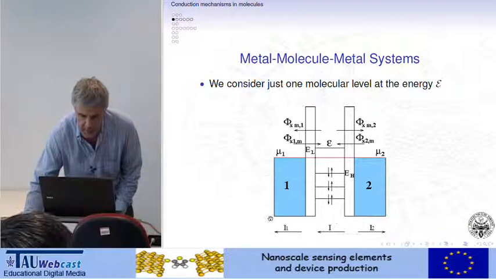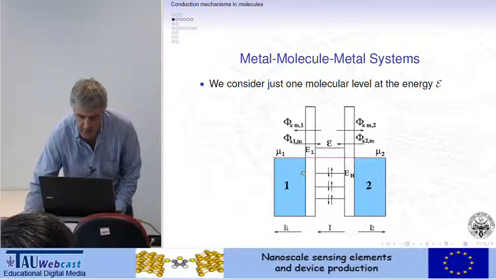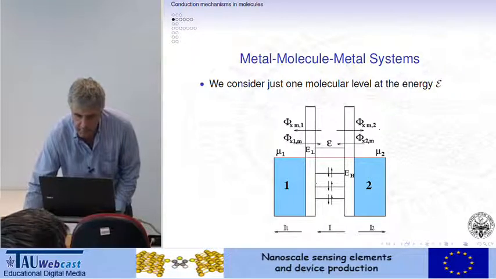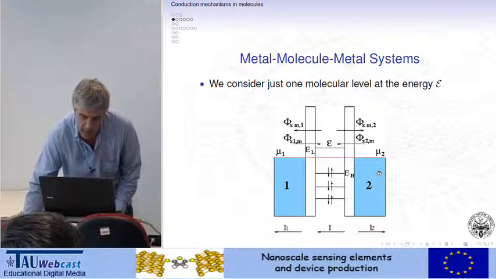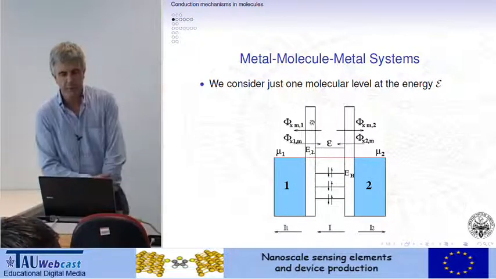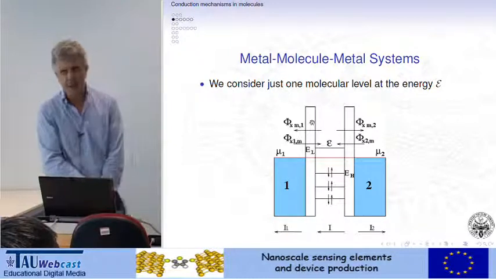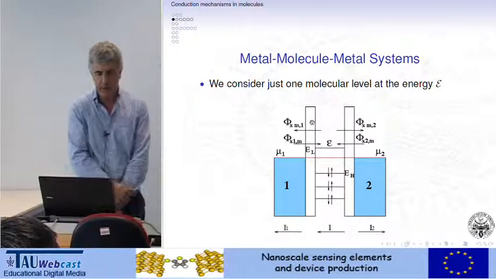In other words, I1 will be positive for this device, I2 will be negative, because, as I said, we prefer to use the traditional current convention. So the current is positive flowing from electrode 2 toward electrode 1. Okay, so this is the system, and those are the quantities that we want to define.